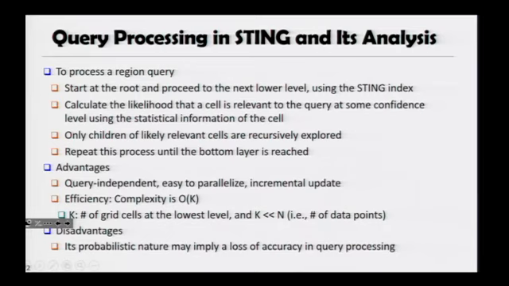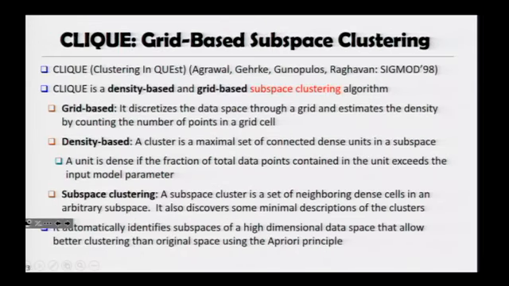But the disadvantage, as I just talked about, is that because you are using a probabilistic measure, the likelihood, to retrieve the most relevant data points, you will have a loss of accuracy because of the subsampling and approximation. Any questions before I go into the CLIQUE algorithm?